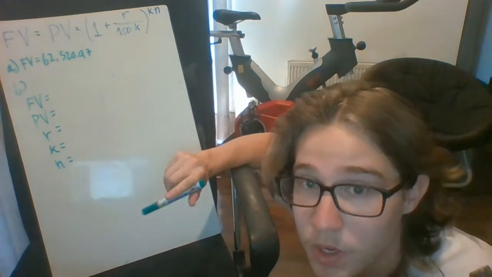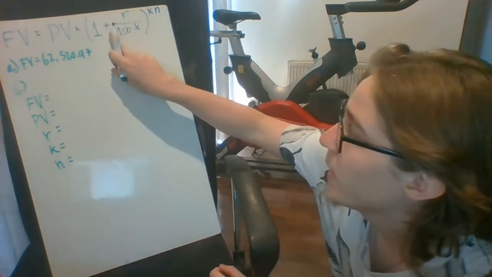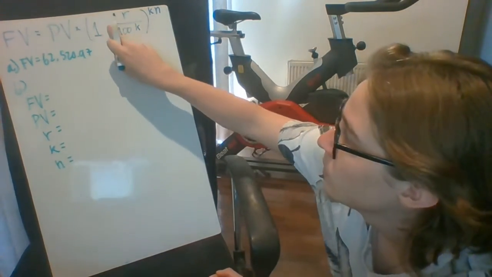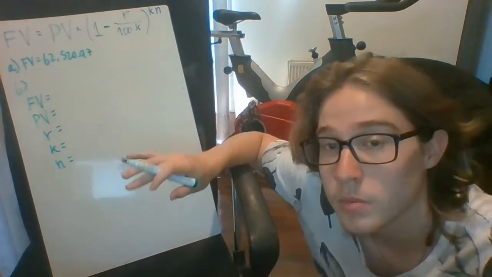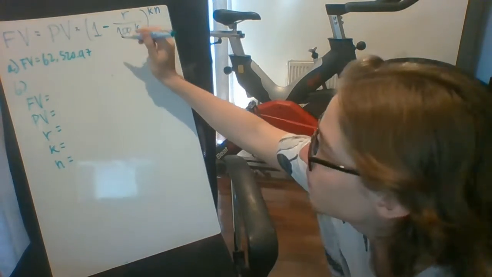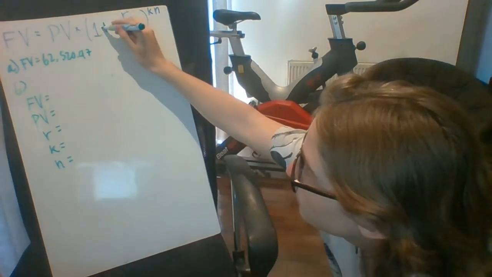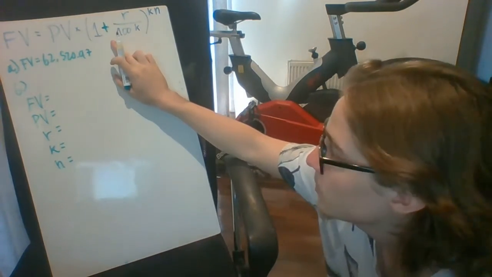But two, since we are now depreciating, instead of adding here, the formula changes to minus. And that's something the formula booklet does not tell you. This version is depreciate, and this version is when it appreciates or compounds.